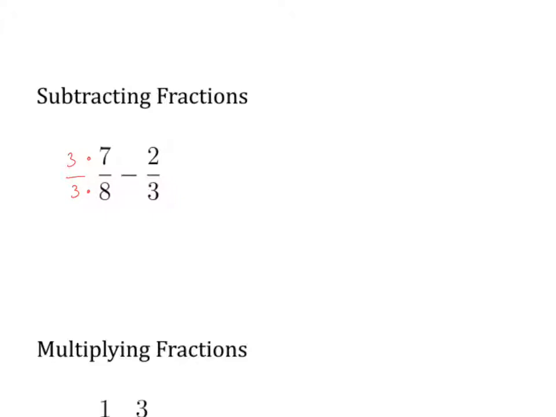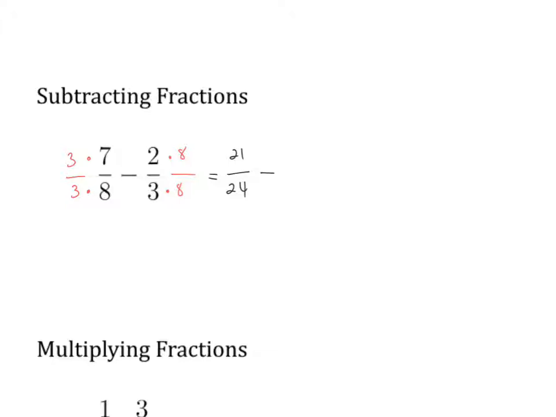Now, the fraction that has a 3, I'm going to multiply the denominator there with an 8. And I'm also going to multiply the numerator with an 8 as well. So what this looks like is 3 times 7, that becomes 21, divided by 3 times 8, that is 24.